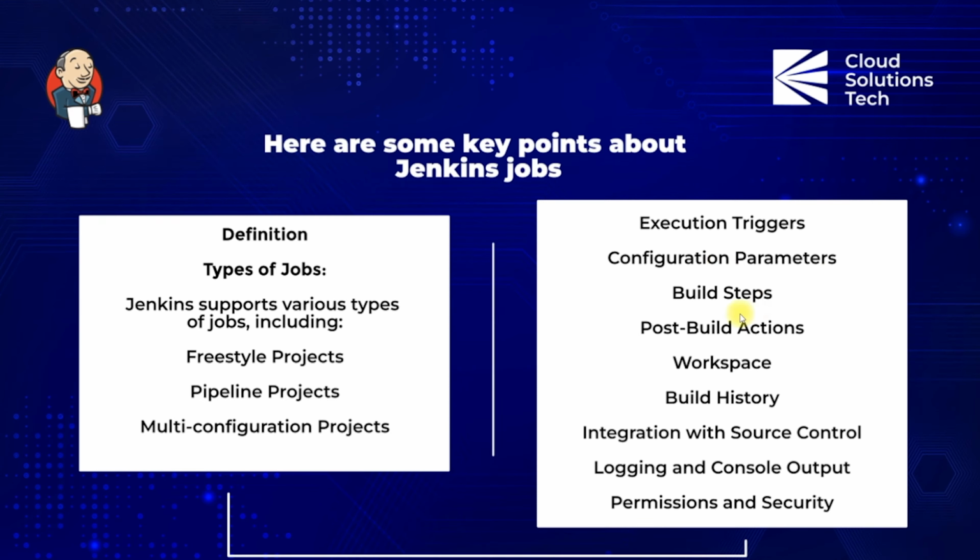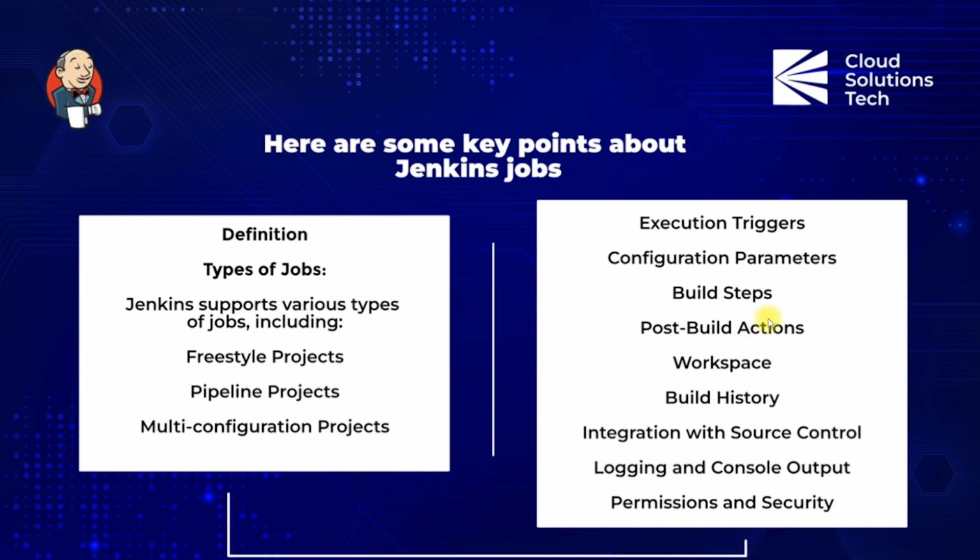Then there are the post-build actions, which cover what happens after the build steps are completed. These actions could involve archiving the artifacts, triggering downstream jobs, sending notifications, or deploying applications.